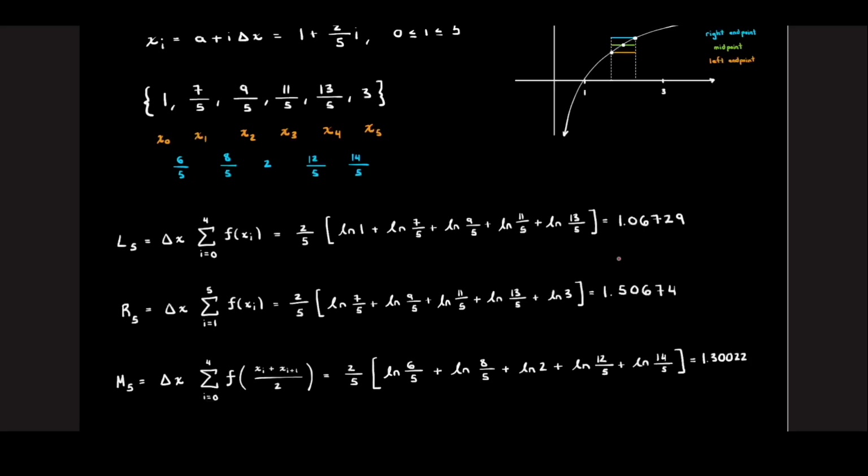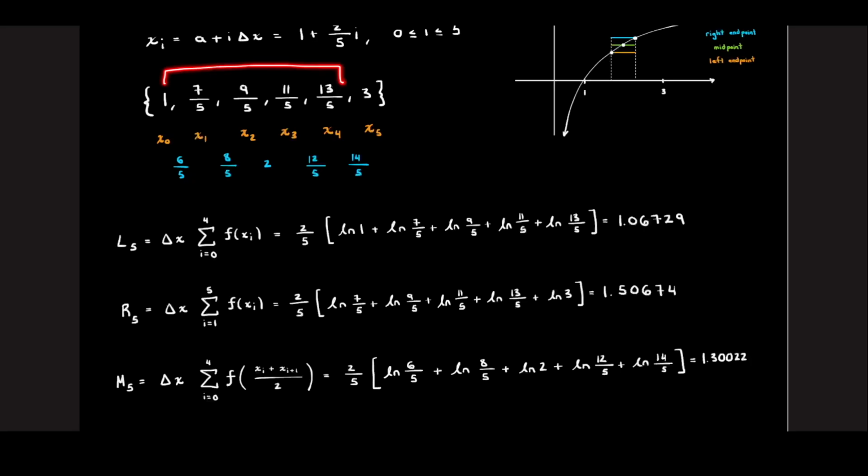Great, and so now all we have to do is just crunch the numbers. Remember, the formula for the left approximation was the width multiplied by the sum of all the function values evaluated at the left endpoints. And so as a result, i runs from 0 all the way to n minus 1, so 5 minus 1 is 4. The width of each rectangle is 2/5, and then the left endpoints are going to be these values.